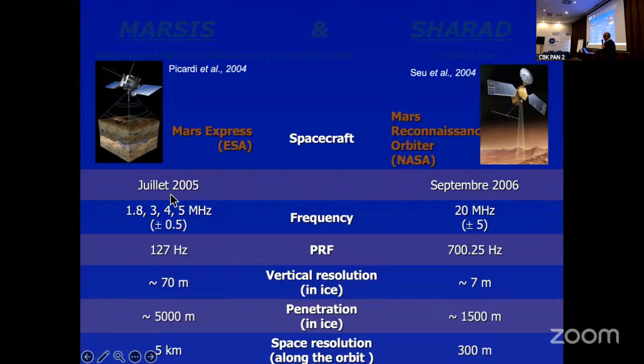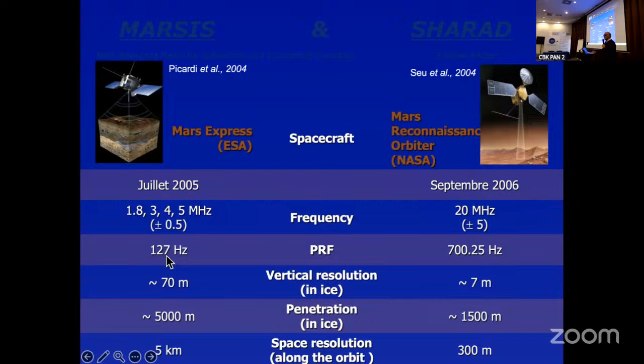The differences between the radars: the first difference is the bandwidth. Here, on Sharat, the bandwidth is 10 megahertz, plus or minus 5, around 20 megahertz. On Marsis, we have four frequencies operating with a bandwidth of 1 megahertz.